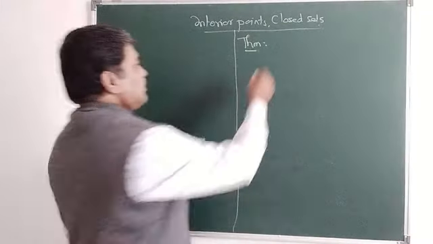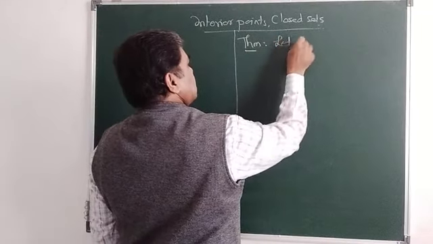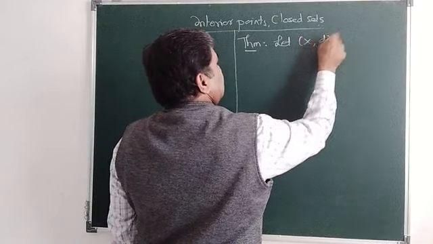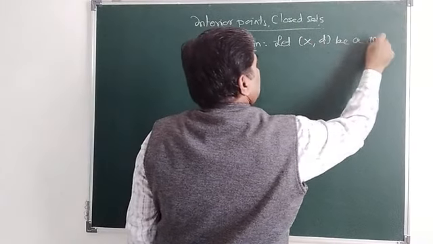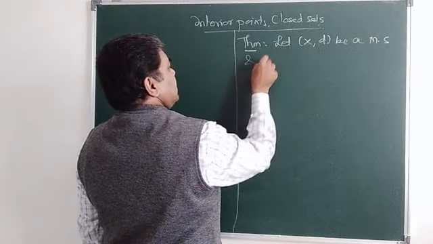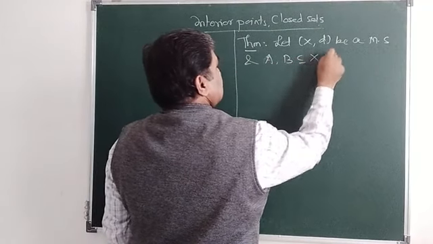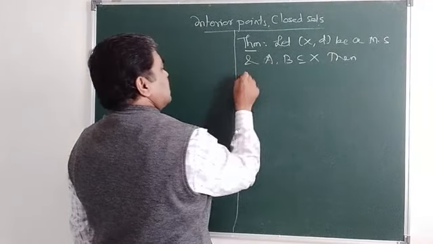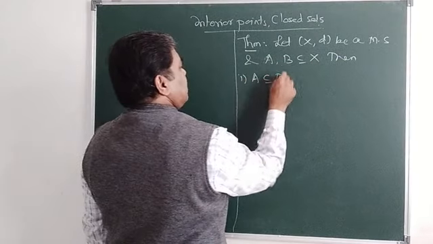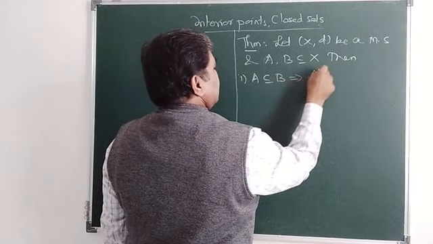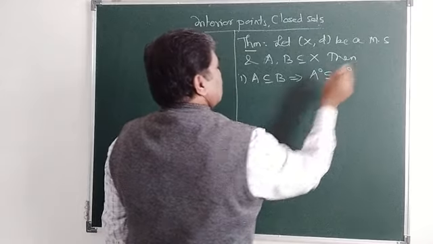Let (X, d) be a metric space, and A, B are subsets of X. Then first, A subset of B implies A interior is a subset of B interior.